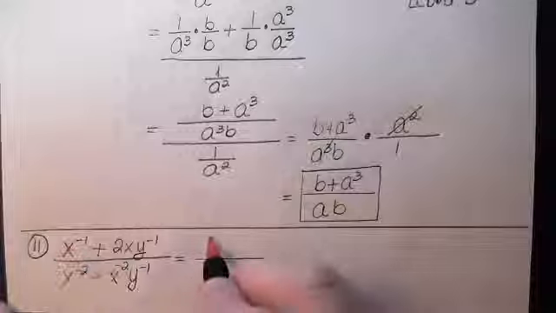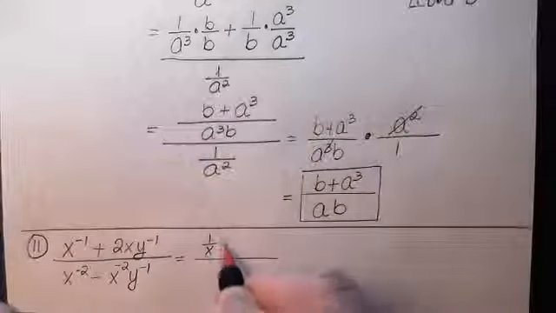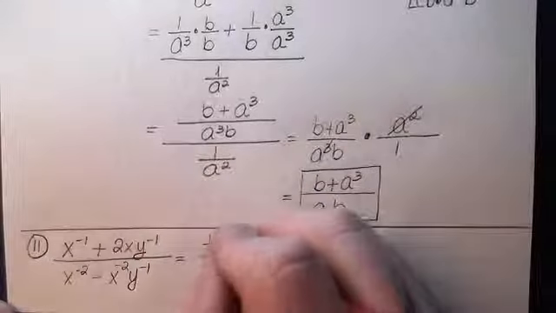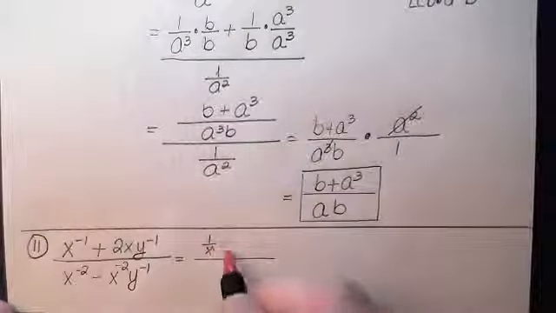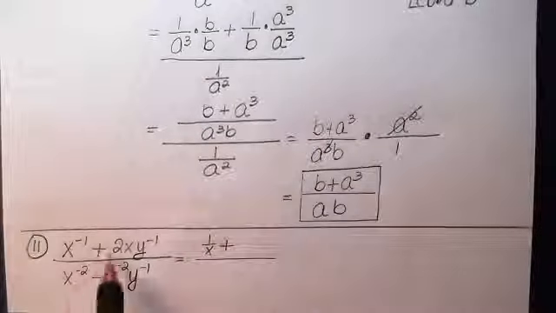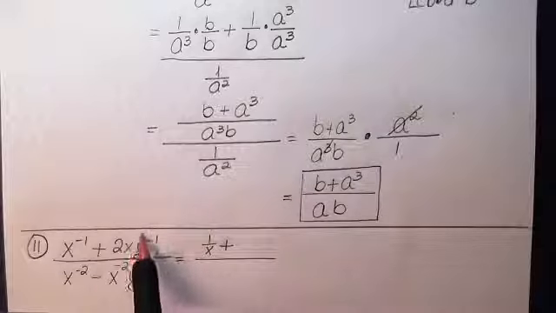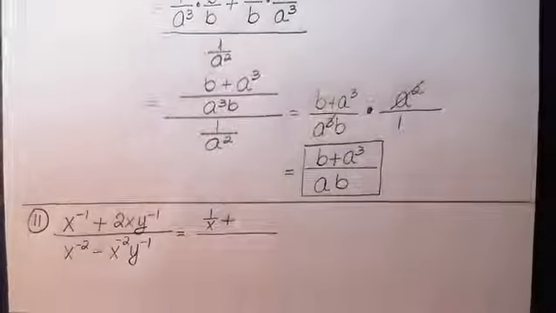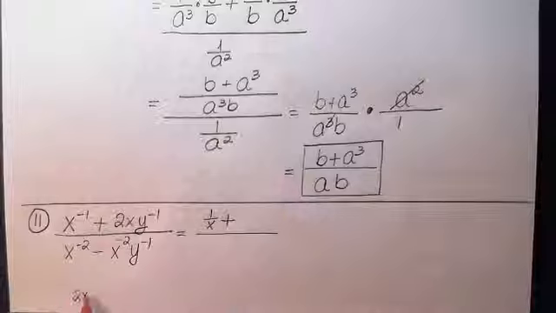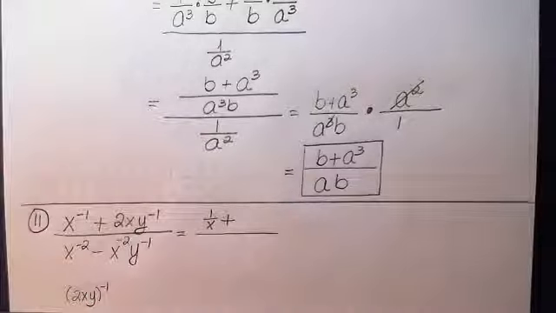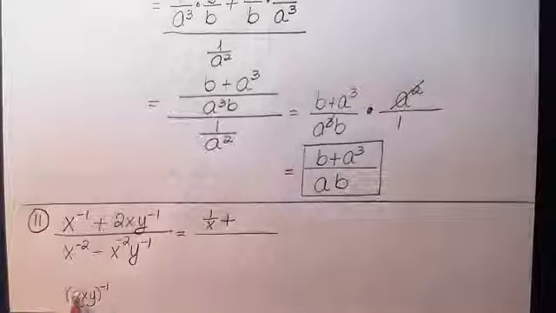So this would be 1 over x plus, now if you notice, the 2 does not have a negative exponent. The only thing that has a negative exponent is the y. Now, had this been 2xy in parentheses to the negative 1, then I would flip every single term.